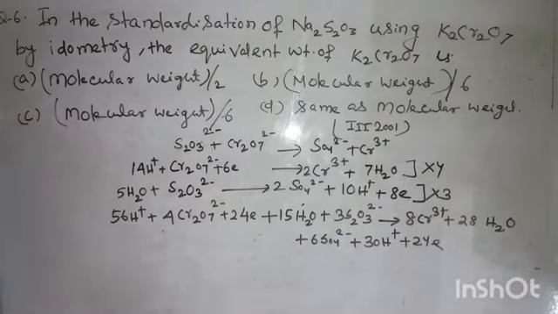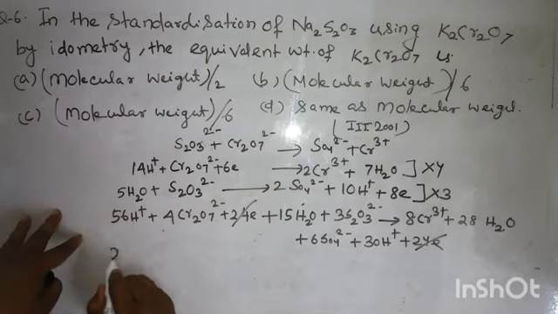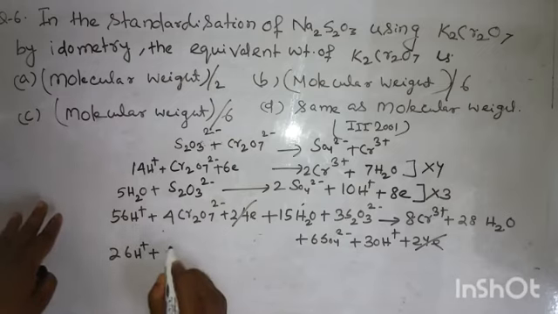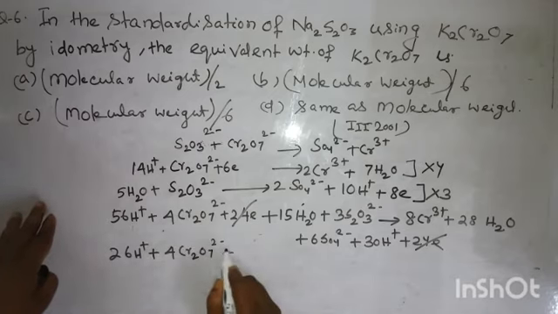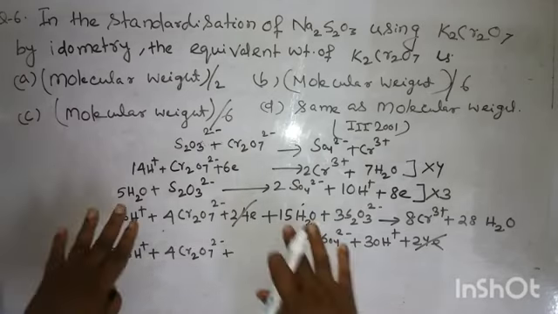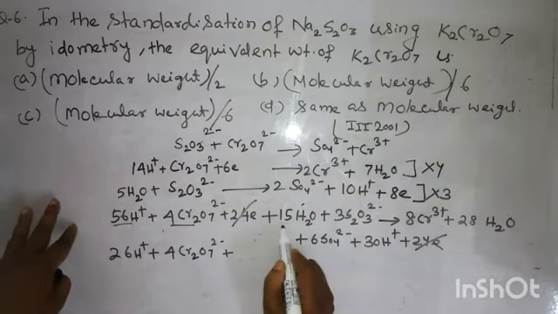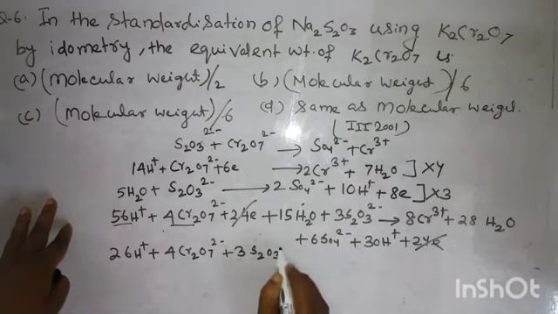These get cancelled. What will remain? 56 H plus minus 30 H plus, 26 H plus. Okay, 4 Cr2O7 2 minus plus 15 H2O, that will go this side. That means this is covered and this remains 3 S2O3 2 minus.